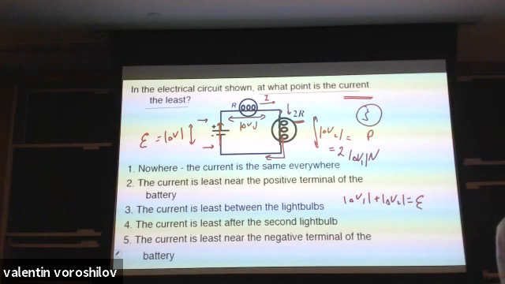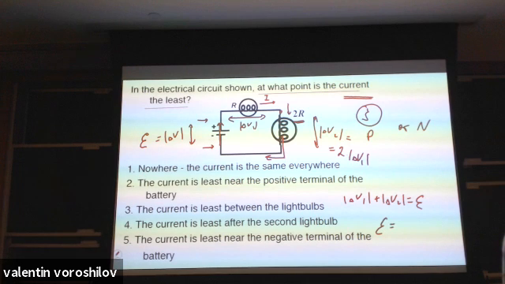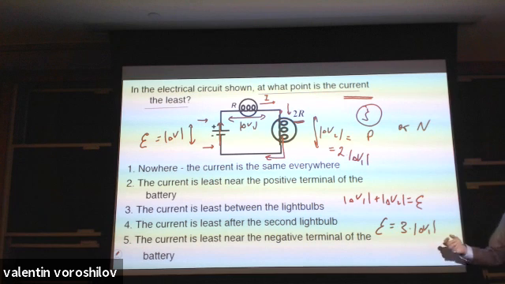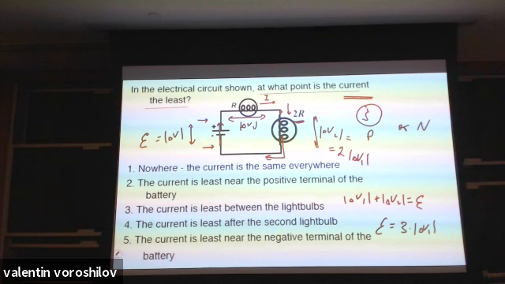So I could say immediately from this reasoning that the battery should have 3 times the voltage number 1 value. Or the voltage number 1 is 1/3 of the battery. And all of this is based on our knowledge that the current is the same.